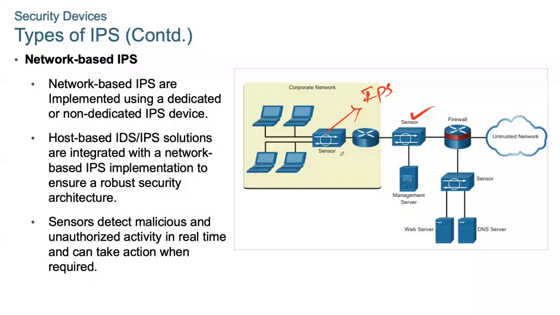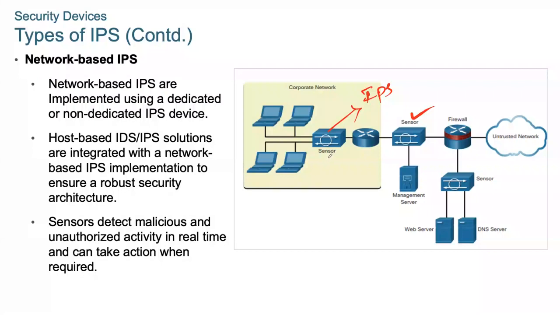That means you can configure your router's input port as well as your output port for sensors. Right? So this network-based IPS can be implemented using dedicated or non-dedicated IPS devices, as we say, using these sensors here.